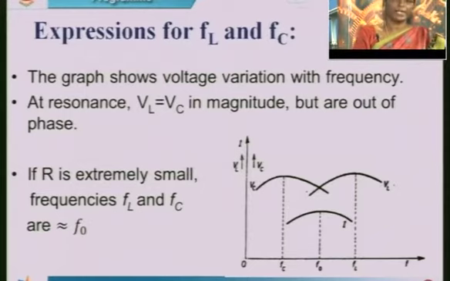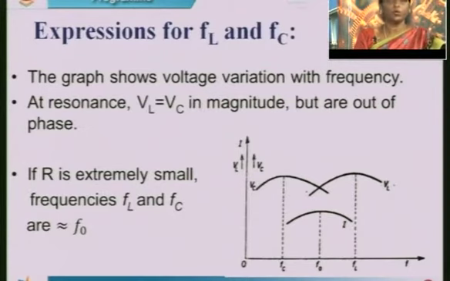Similarly, F0 is nothing but the resonance frequency. At resonance frequency, the net reactance will be 0, leaving only the resistance. So current flows through the resistance and the voltage across the resistance is the supply voltage. So current is maximum and impedance is minimum at F0.